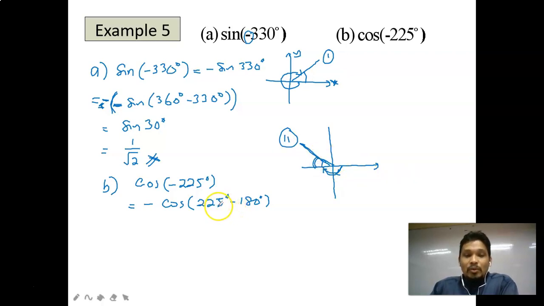So negative 225 minus 180 equal to negative cos 45 degree. So here it is negative cos 45. You may refer to the table, and it is equal to 1 over square root of 2.